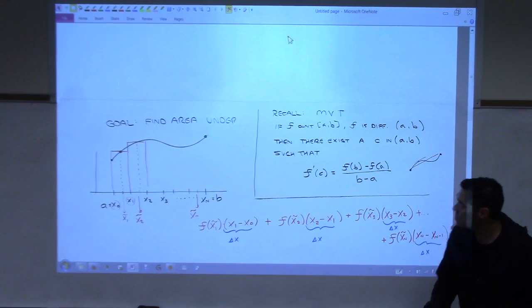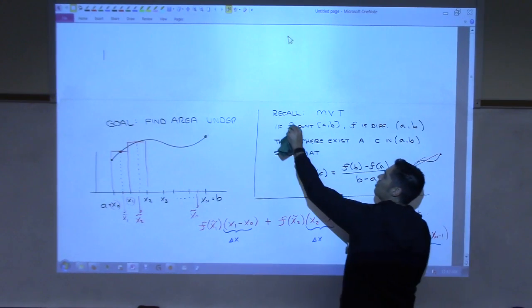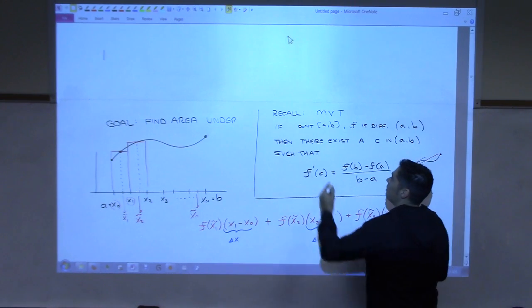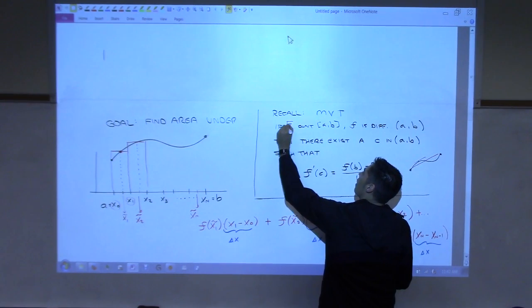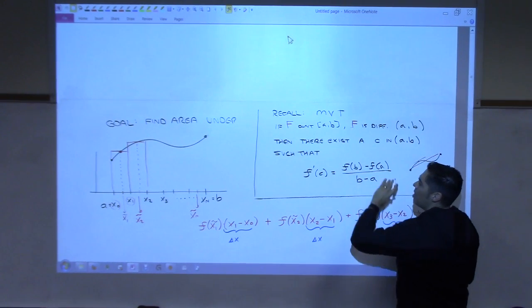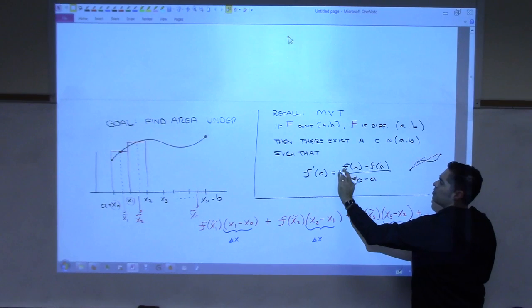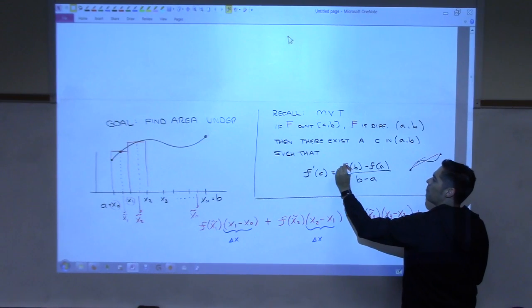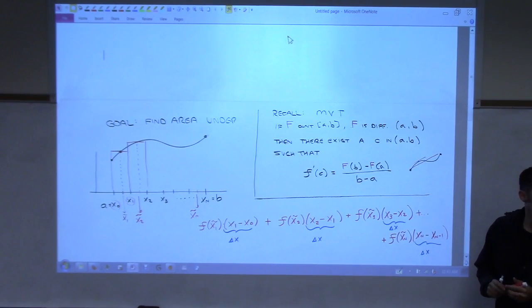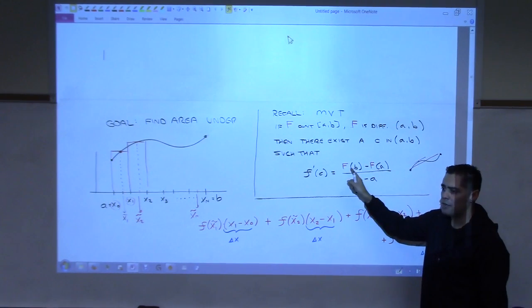You all ready for the change? I'm going to change this to capital F, and I'm going to change that to capital F. Then how would this change? This is capital F, this is capital F. And what is the derivative of capital F?